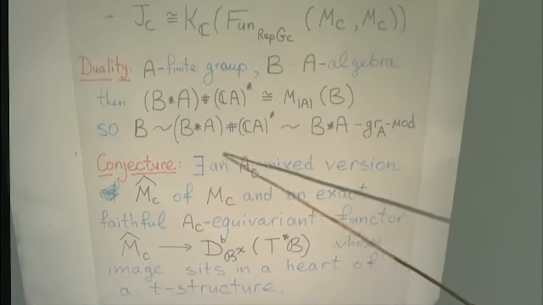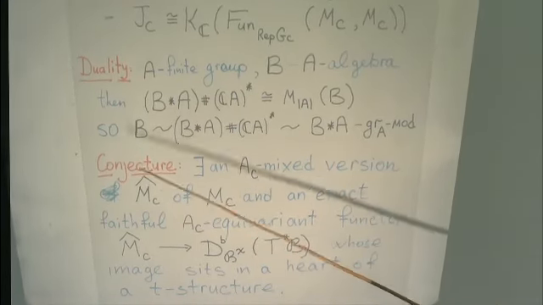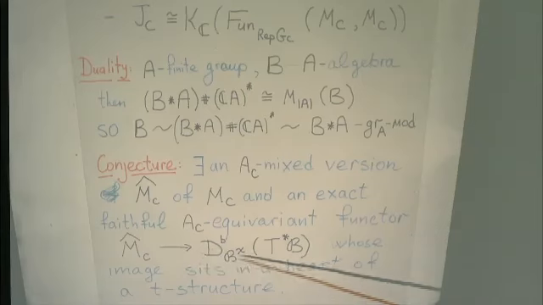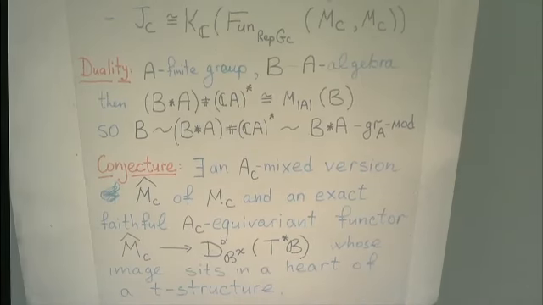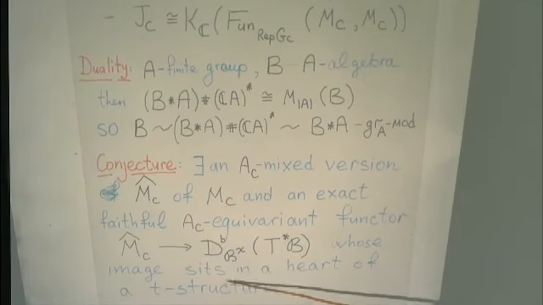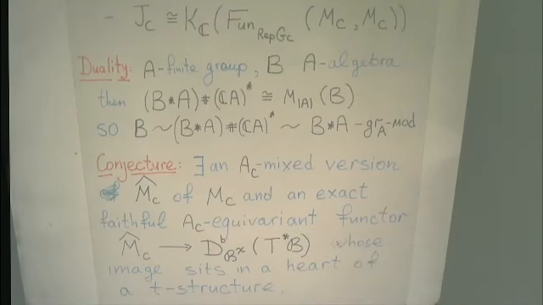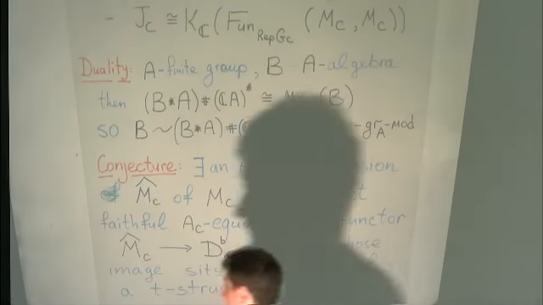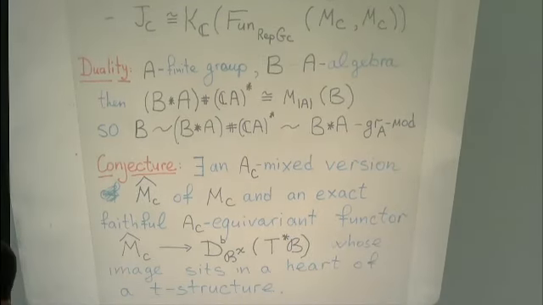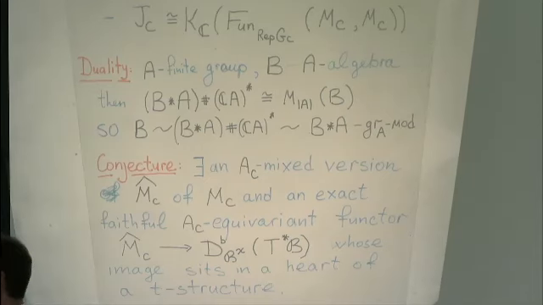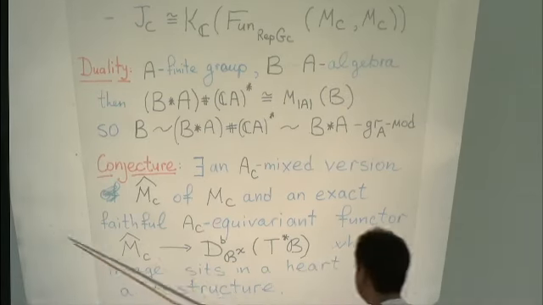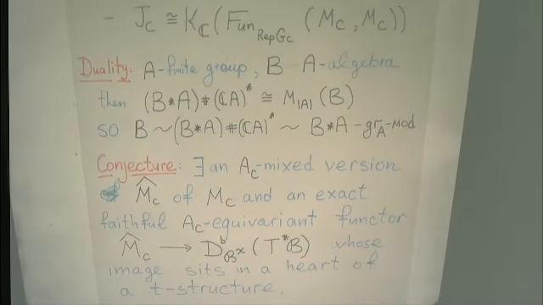That's the conjecture: that there exists this mixed version of a category MC, and there exists a functor from here to here, whose image sits in the heart of a T structure of this category. It doesn't have to be the same T structure, but it has to sit in some heart of a T structure.